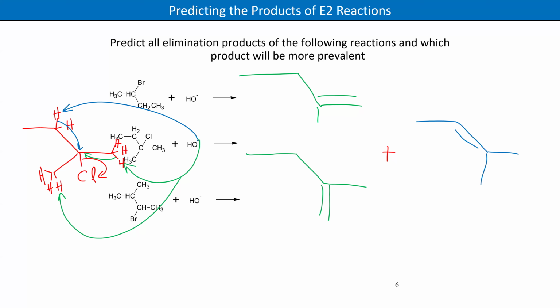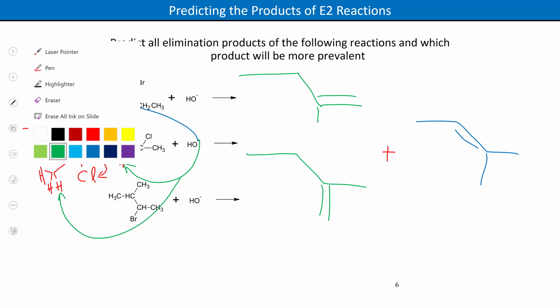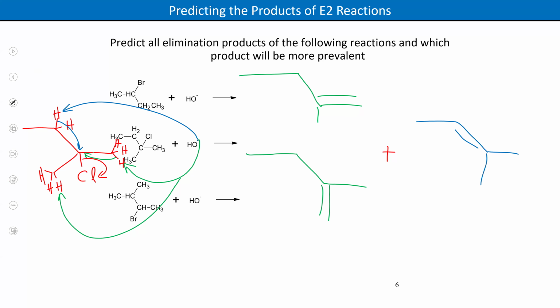And if we were naming these, all three of these are butenes. They're all going to be methyl butenes.